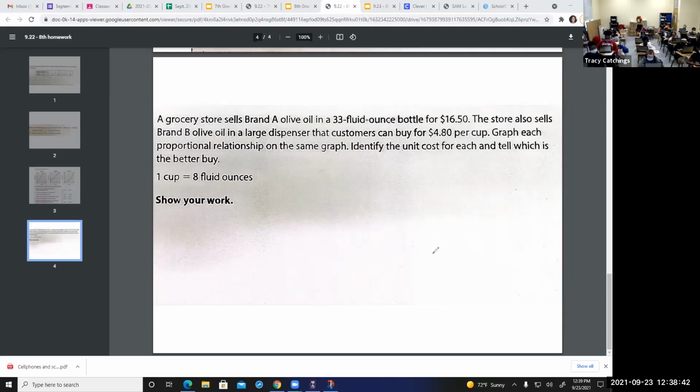How can we approach this? Let's go ahead and pick out what's important. Okay, 33 fluid ounces for $16.50. Good job.